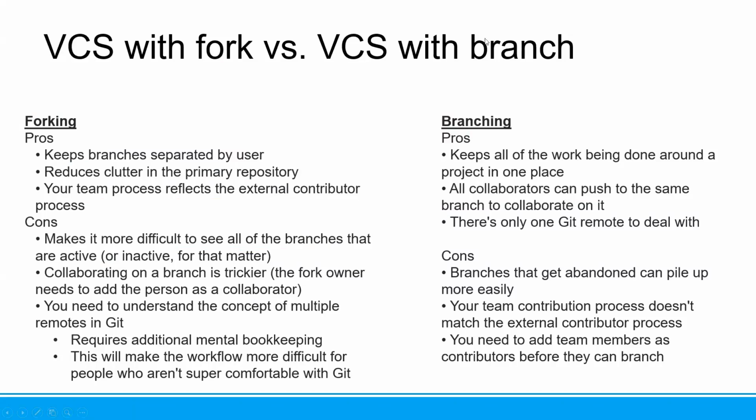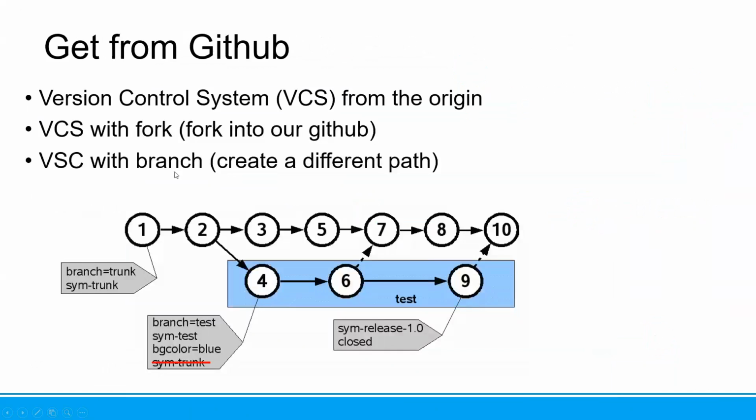So branching is another option to get the original code without changing the code. The pros are that it keeps all the work being done around the project in one place. As you know from the graphics, if we have a code improvement, this is the new version, this is a new version, this is a new version.